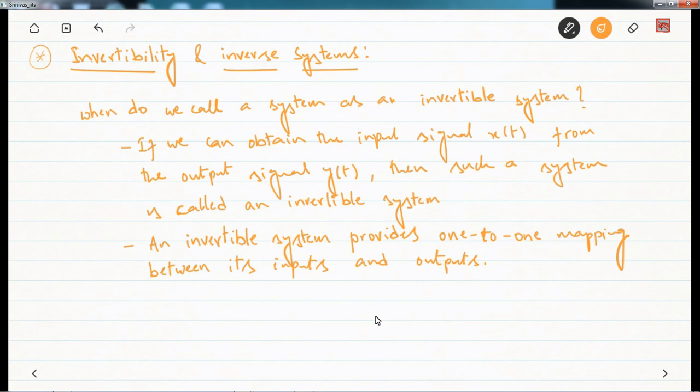Or in other words, distinct inputs lead to distinct outputs.